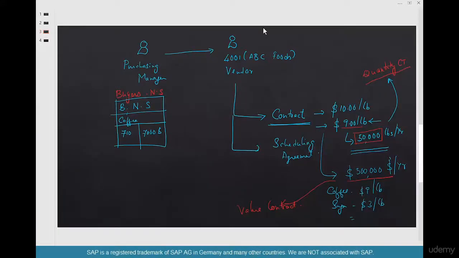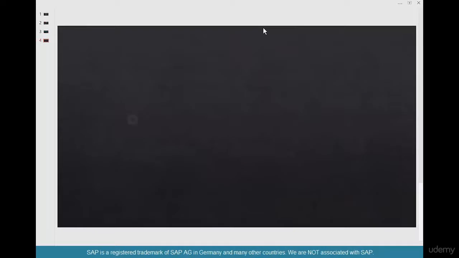Now, what do you do with a contract? Say we have created a contract, and this is a quantity contract whereby we have committed with the vendor that we will purchase 50,000 pounds per year of coffee. So we shook our hands, said goodbye, we came back to our plant, Chicago plant.